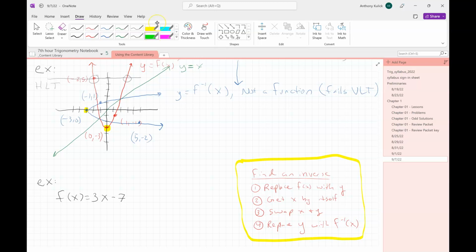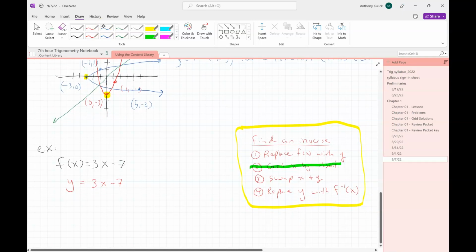Which of these steps is the most challenging one? It's getting x by itself. Okay, so first thing I do is I'll replace the f of x with a y. Now, to get the x by itself, essentially what I'm doing is the solving for x steps, right?